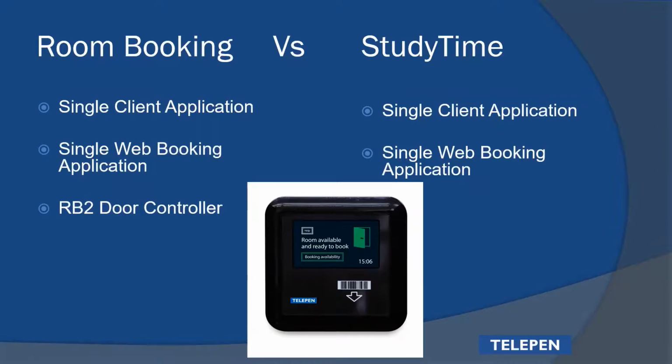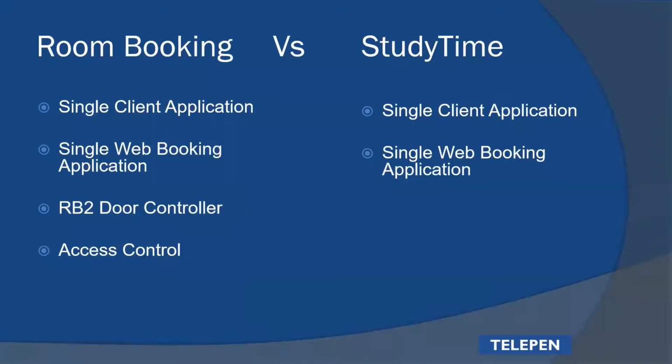It also has the ability to control a lock, an electronic lock on a door, so we use it in conjunction with access control. If you've made the booking, you can get in, and if you haven't, you don't. Because some rooms might be group study rooms, and the person arriving first may not be the person that made the booking, we have a PIN mechanism that the study group can share amongst themselves, so the first person to arrive can get in.